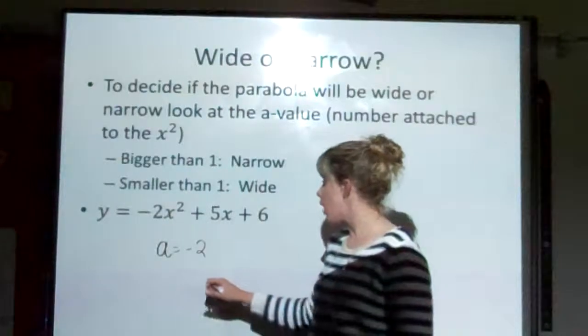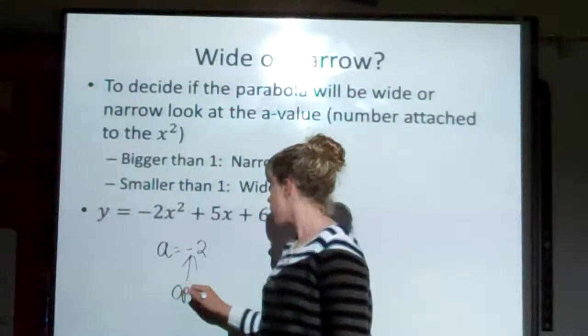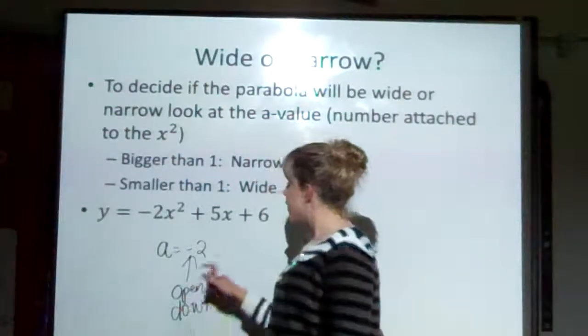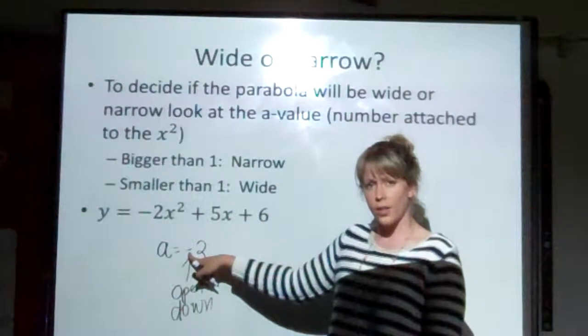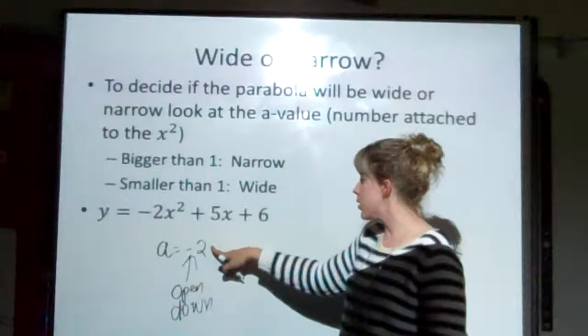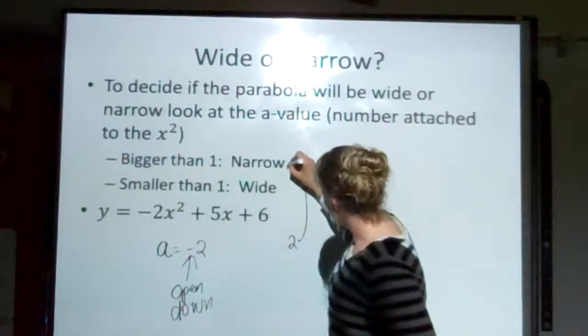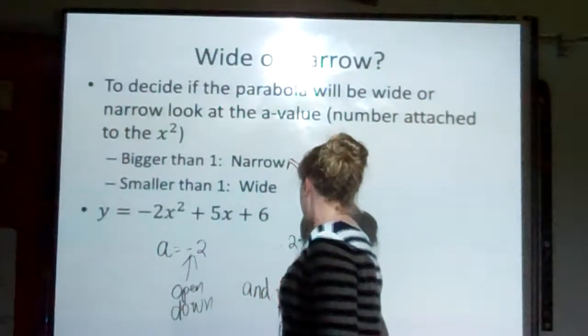But we already saw that the negative implied that it's going to open down. So then we only have to look at the actual number part, not the sign on the number. And in this case, the number is 2, and since 2 is bigger than 1, we would say that this parabola will be opening down and narrow.